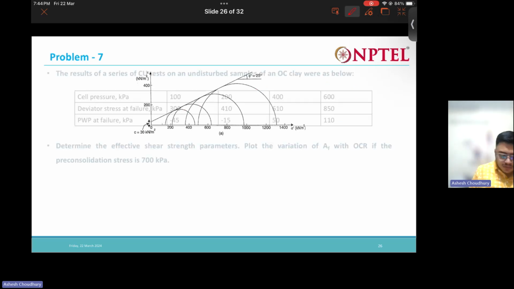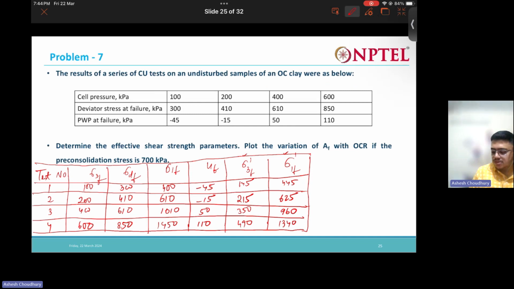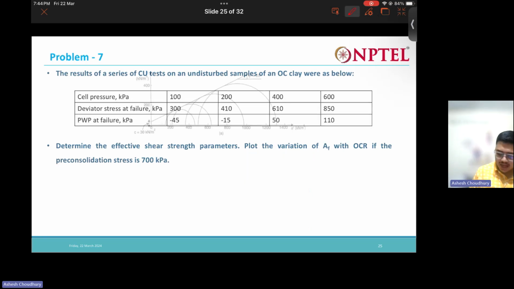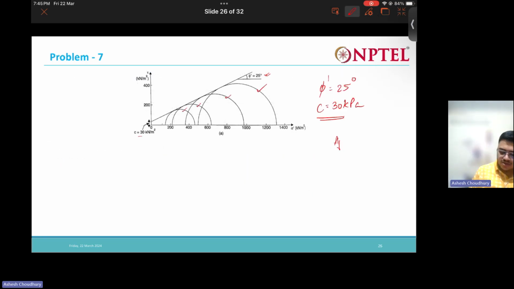Now, the second part of the problem is to plot the variation of AF with OCR. Now what is AF? I will make a table: sigma 3, OCR, AF.